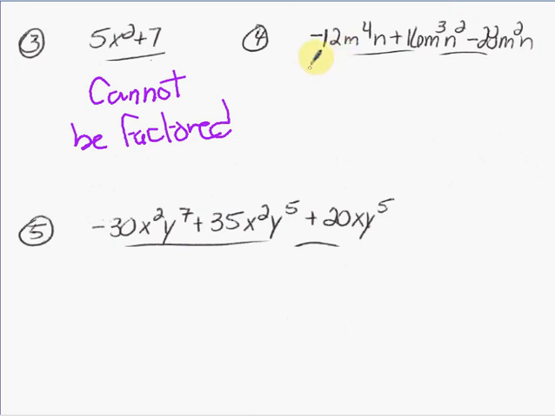Alright, number 4. It looks to me like I could factor out a 4. We have m's everywhere, and the smallest exponent is 2. And we have n's everywhere, and the smallest exponent is 1. So that's our GCF right there.